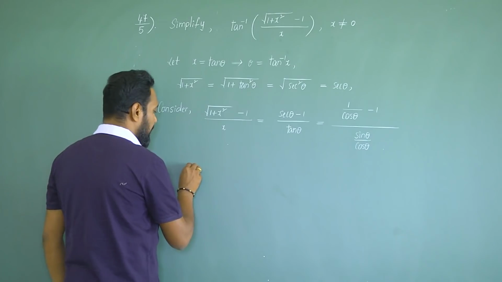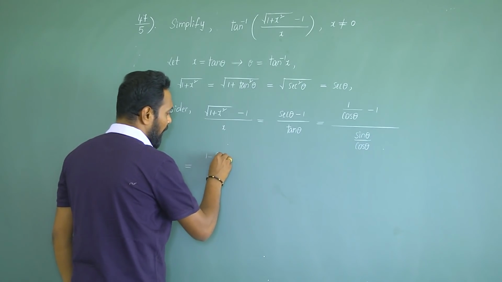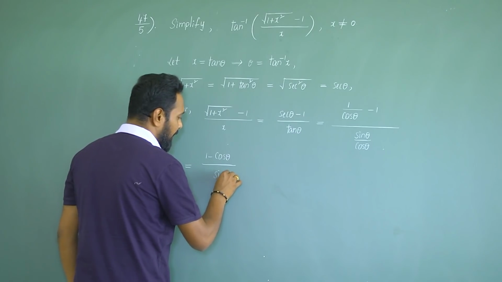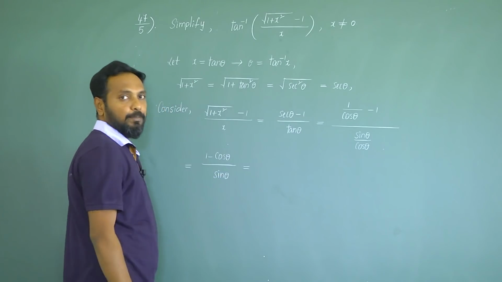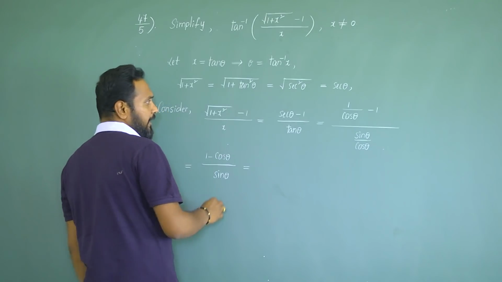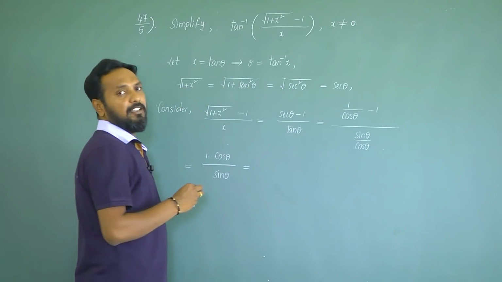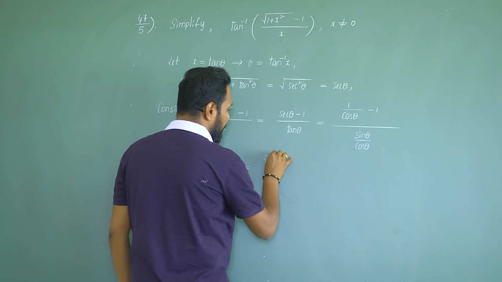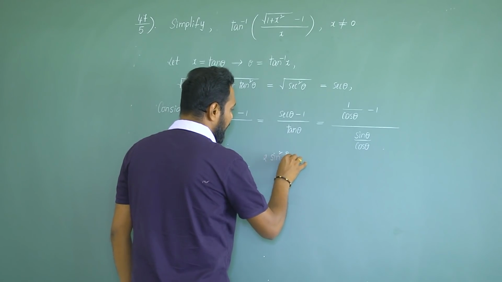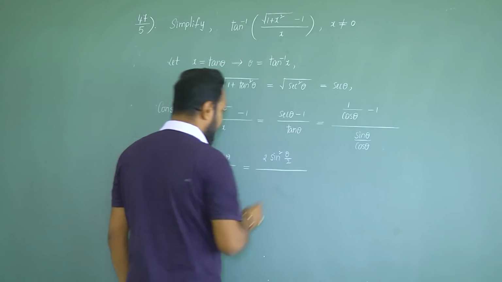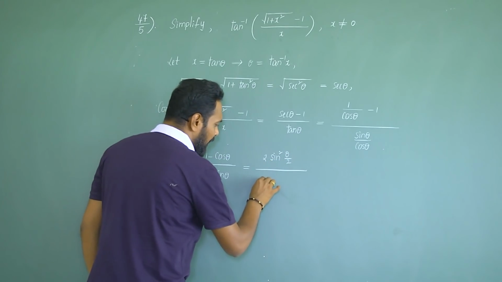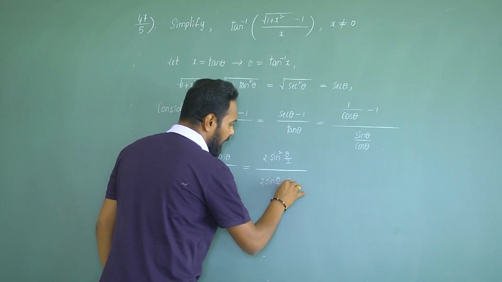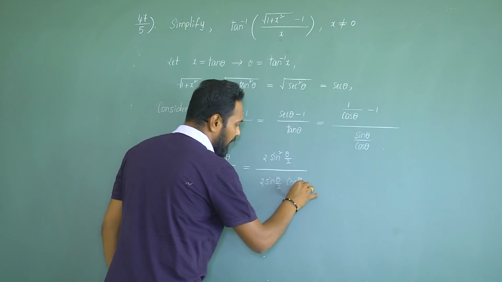Then that step becomes 1 minus cos theta by sin theta, which equals, according to multiple and submultiple angle formulas, 1 minus cos theta is 2 sin square theta by 2, divided by sin theta, whose formula is 2 sin theta by 2 cos theta by 2.